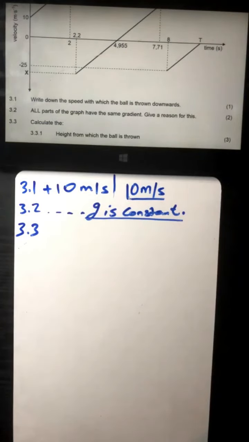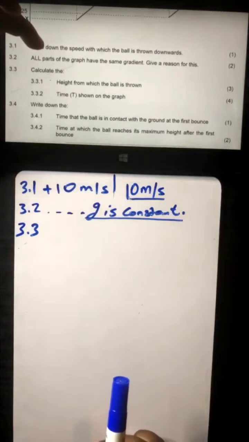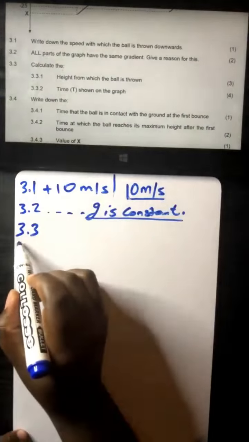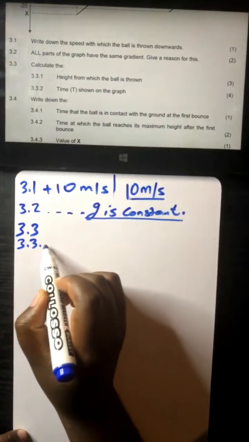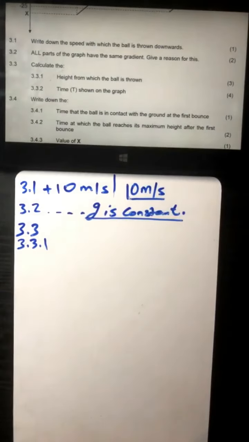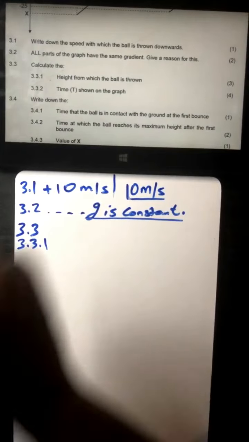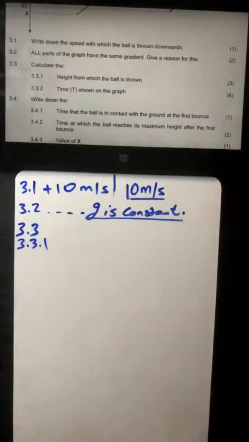So guys, we can now try to move to question 3.3. We've got 3.3.1. The question says calculate the height from which the ball is thrown, and that question is allocated 3 marks.